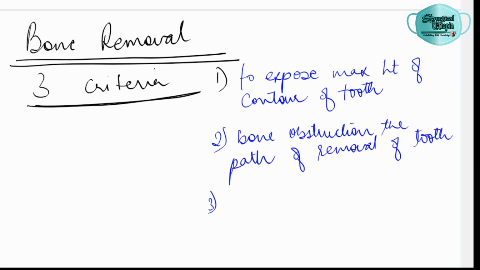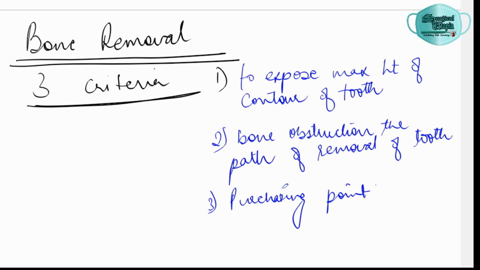And the third reason is that the bone should be removed to create a fulcrum for the engagement of the elevator point. That is, in order to create a purchasing point for placement of the elevator. So these are the three reasons for which the bone removal is necessary.